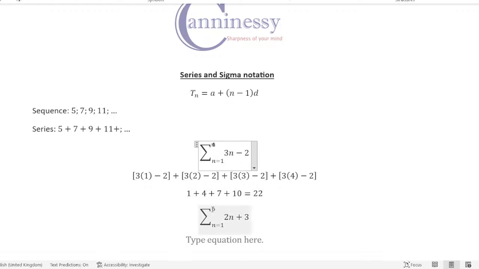This implies that we have 6 terms in this sigma notation. We must add the first 6 terms to get the sum of this sigma notation.